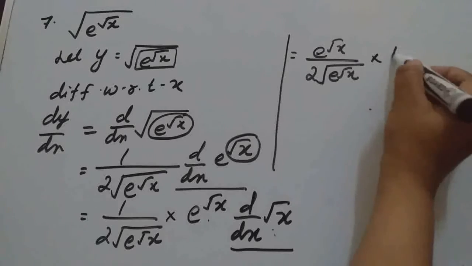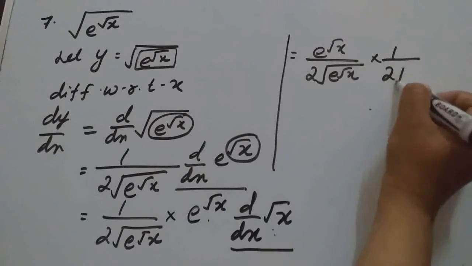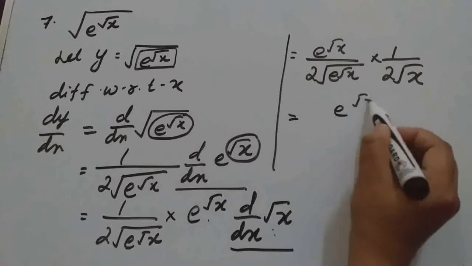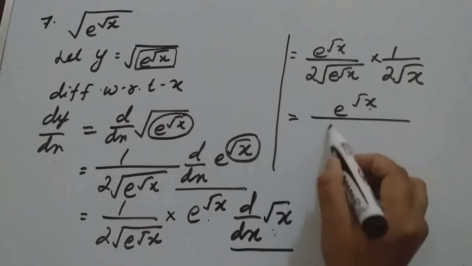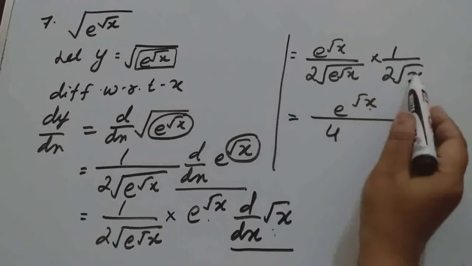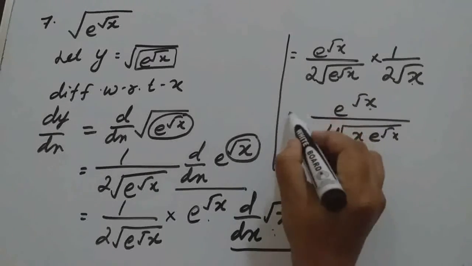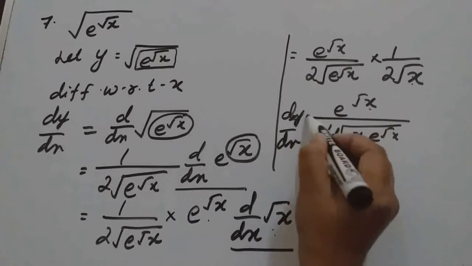So what is the derivative of √x? 1/(2√x). So the final answer we can write: e^(√x), 2 times 2 is 4, and both x are in square root, so we can write one square root like this. So dy/dx.